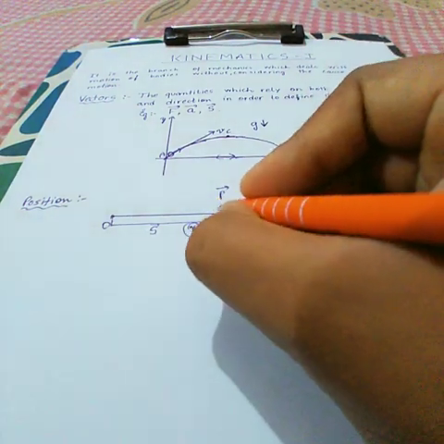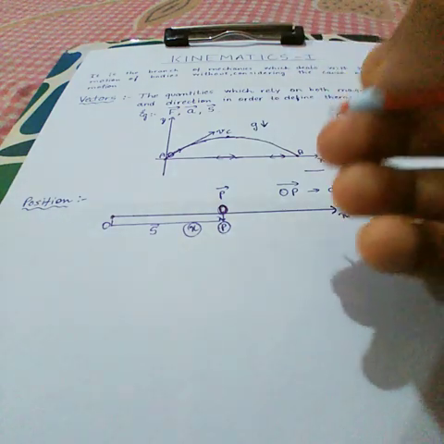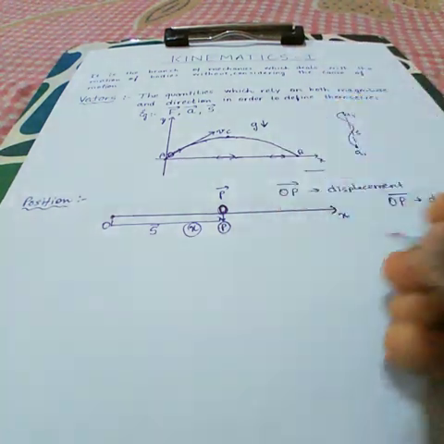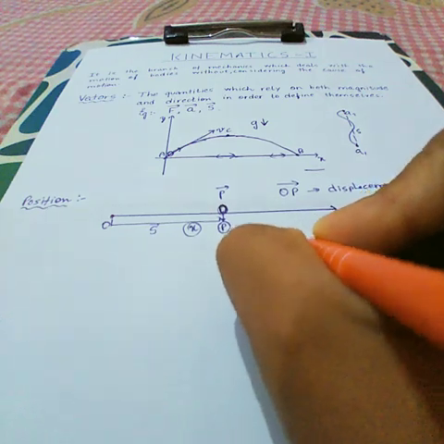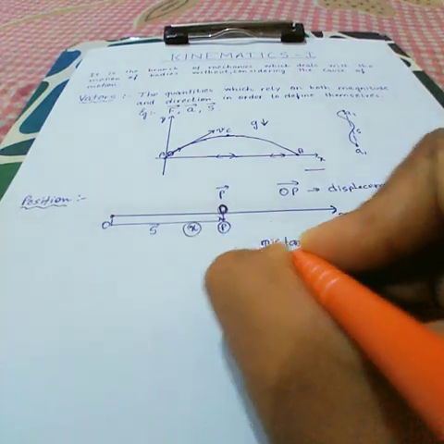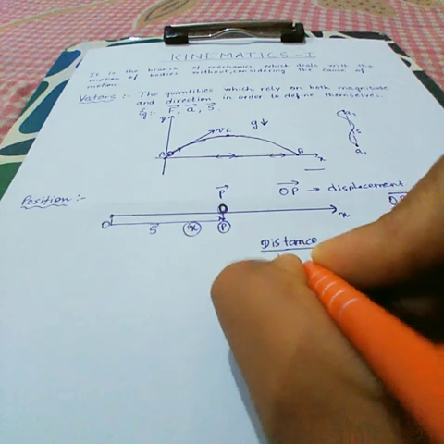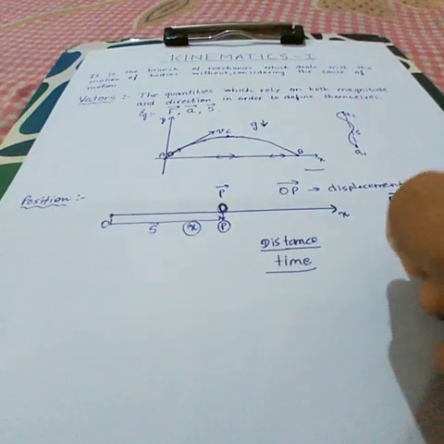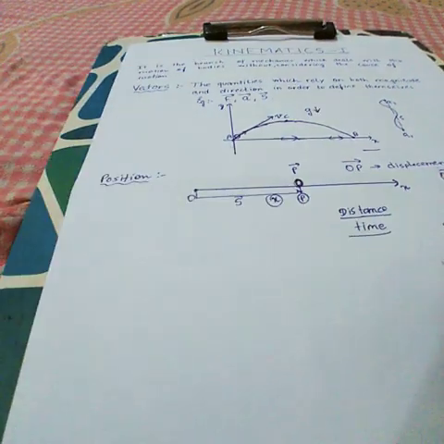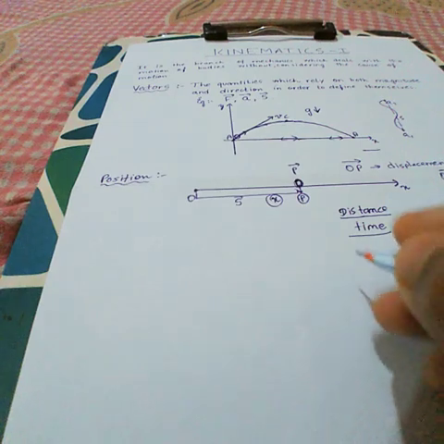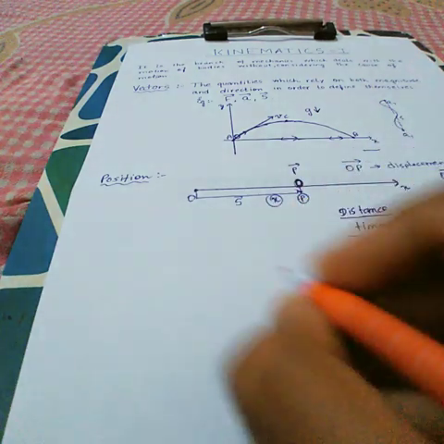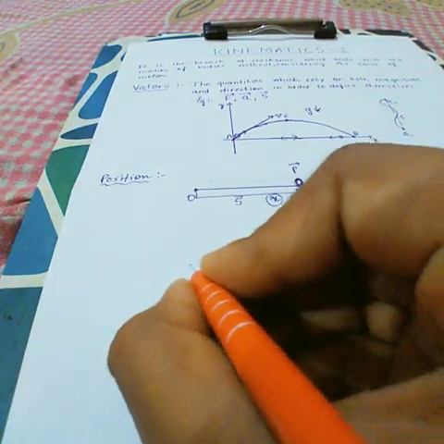So the speed basically means distance upon time. So speed means distance upon time, or speed is the distance covered per unit time. So if we take OP as the distance, I am taking OP as the distance.